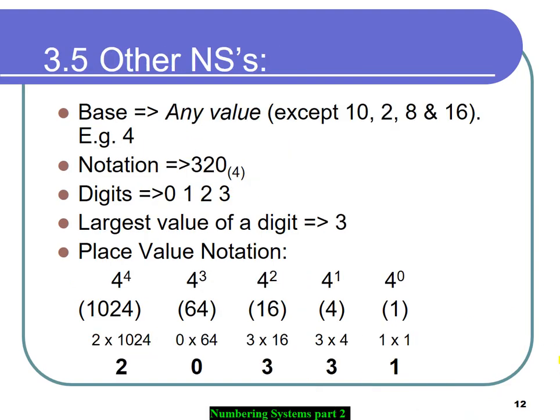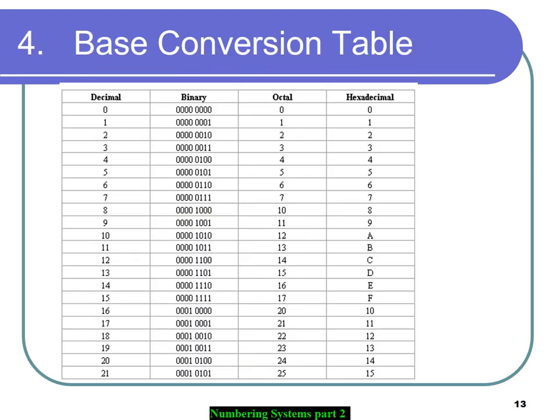Okay, so let's skip, this is still base 16. And this is your base conversion table, right? So as you can see, decimal can go up to 21, right at the bottom. Binary can go to any amount of numbers depending on where you stop it, but it's only valued at ones and zeros.